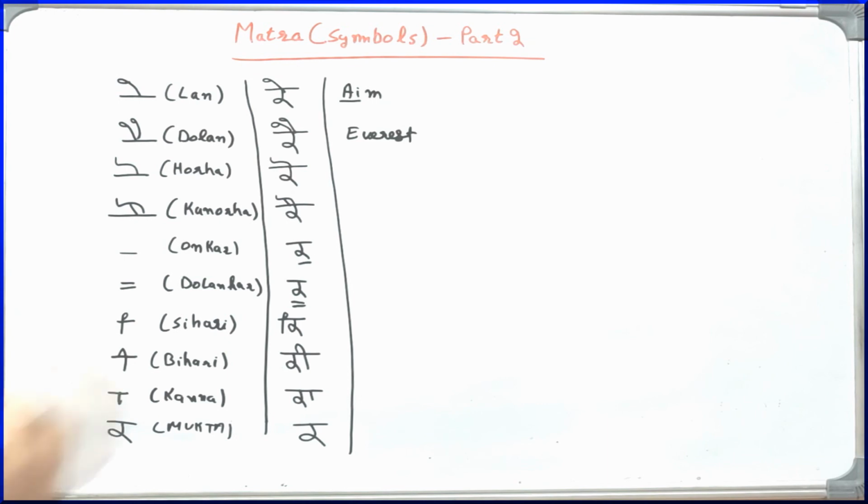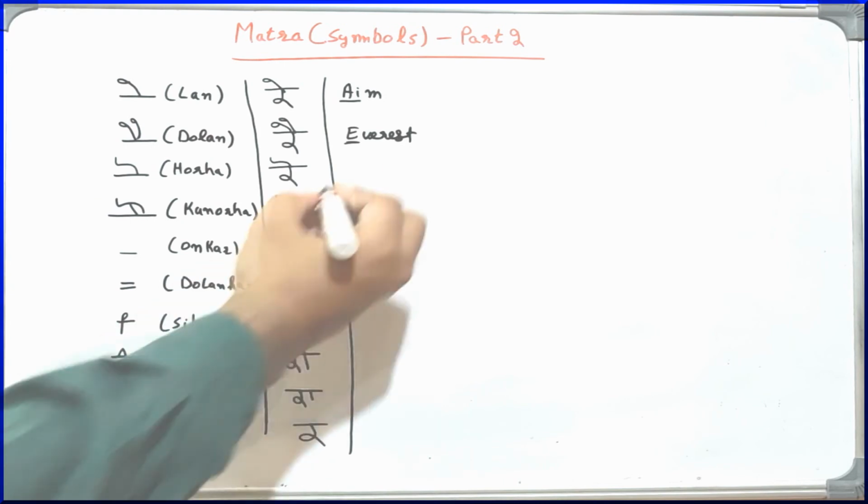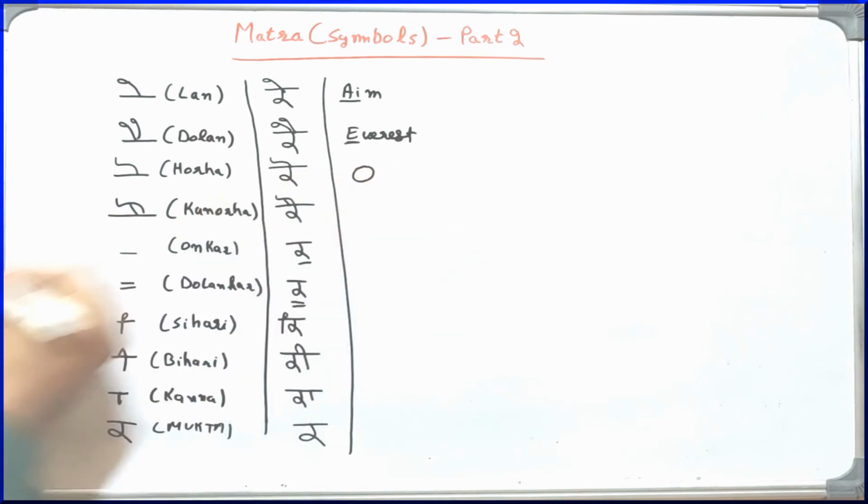The sound of E in Everest will be the sound of Dulava. We say Everest, E, right? That E is the sound of Dulava. Hora will give the sound of O, the English alphabet O.